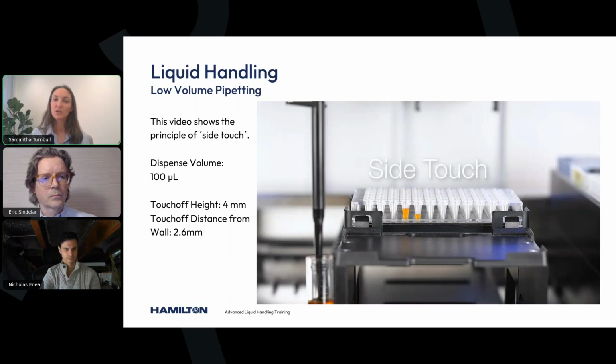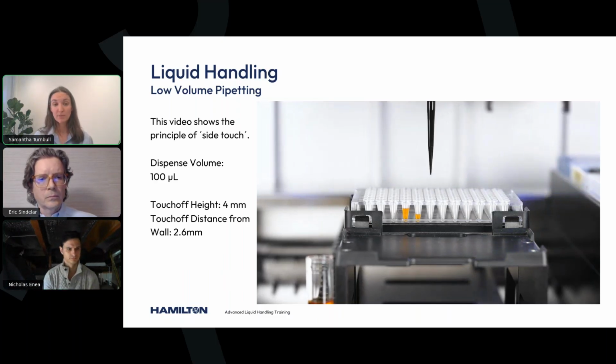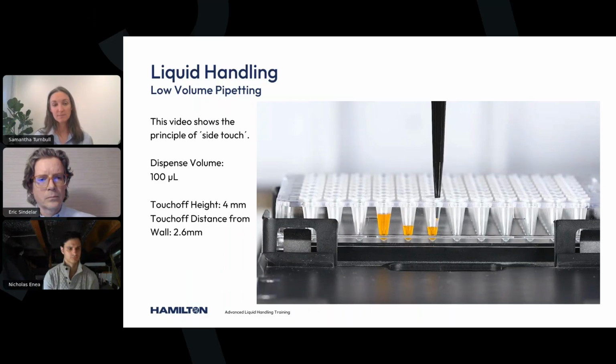Again, we're using a much higher dispense volume than we would normally recommend for a side touch, for demonstration purposes. But you'll see the tip will enter the well and stop a specified distance above the bottom. So in this case, it's 4 millimeters. And then it moves to the right side of the well and touches the wall. And this touch off distance in this case is 2.6 millimeters.